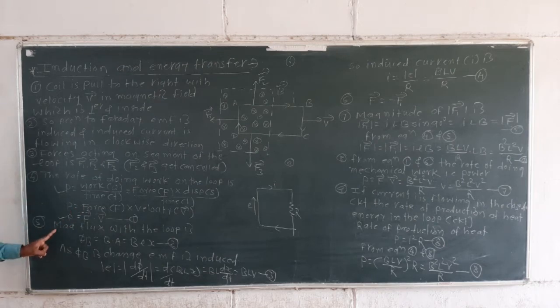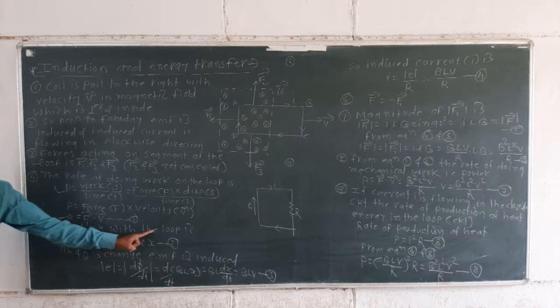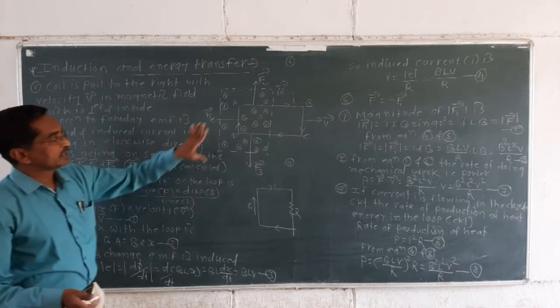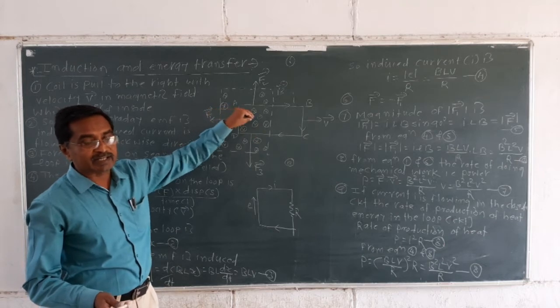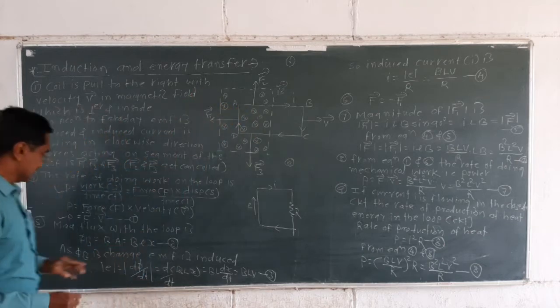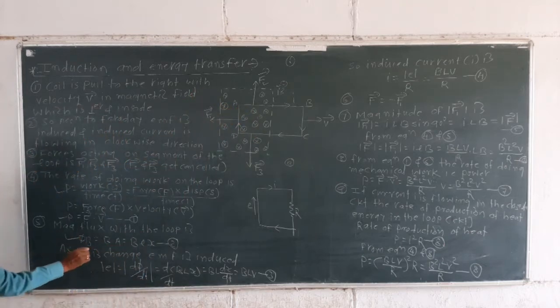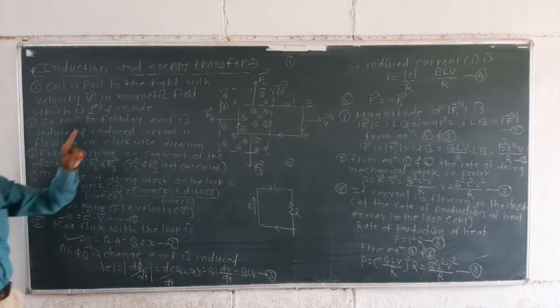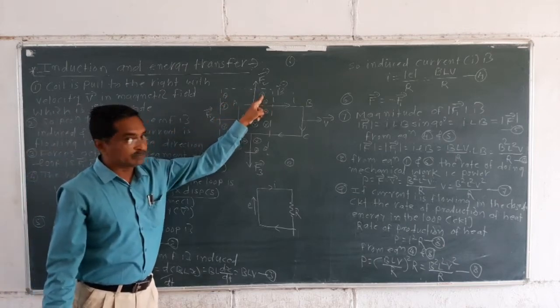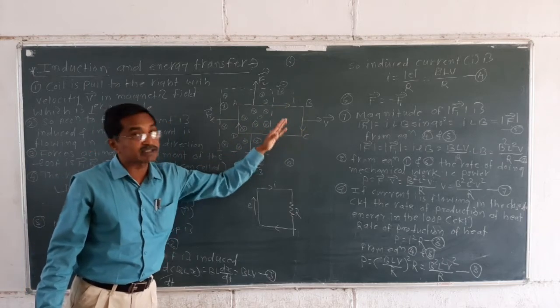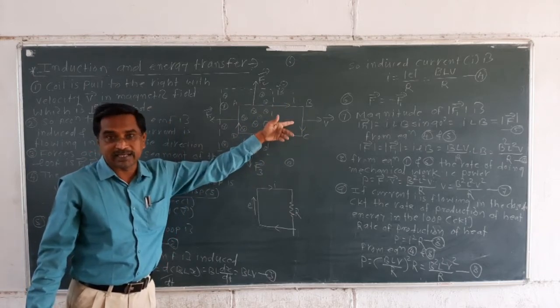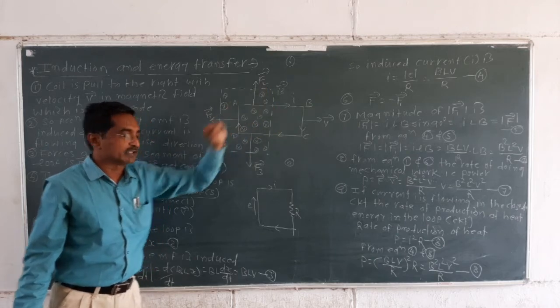Now the magnetic flux associated with the loop. What is this magnetic flux? It is the flux of the original magnetic field, not the magnetic field produced after the induced current flows.